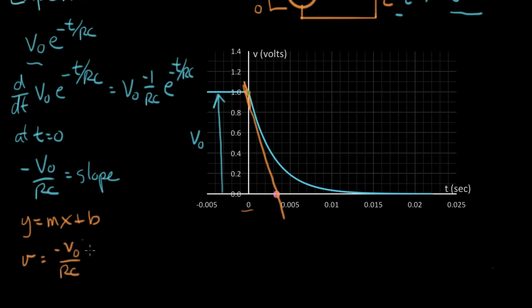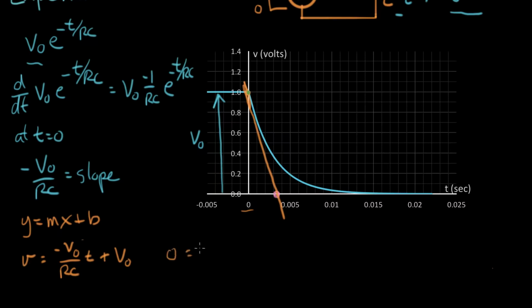We multiply by time, and we add the voltage intercept, which we know is V naught. Now I want to find out at what time the voltage equals 0 for this orange line. So we're going to plug in 0 for volts and work out what time is.